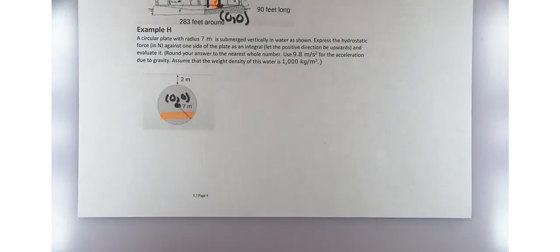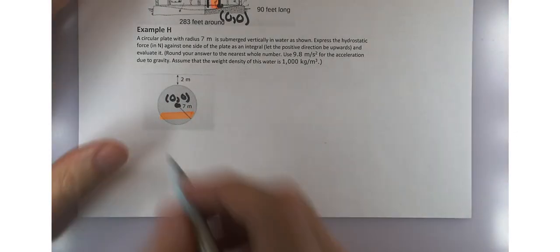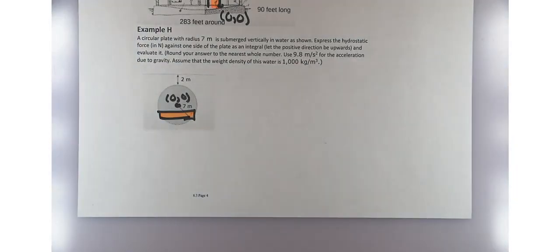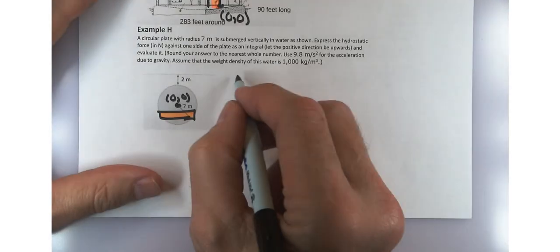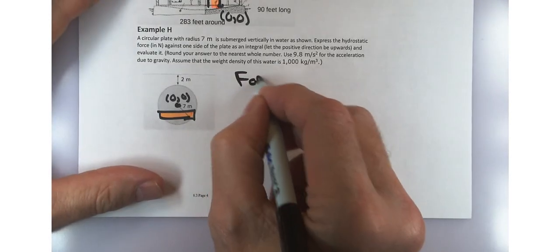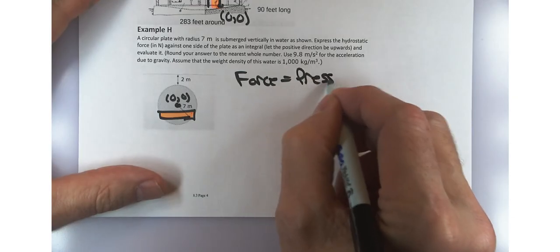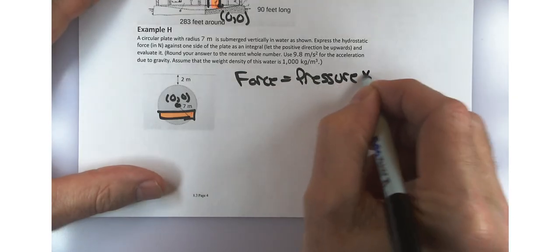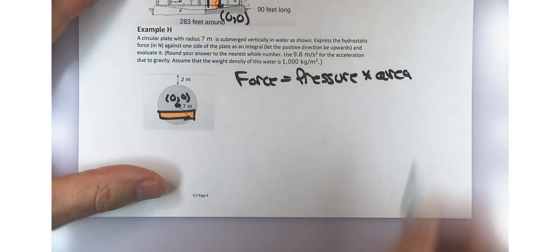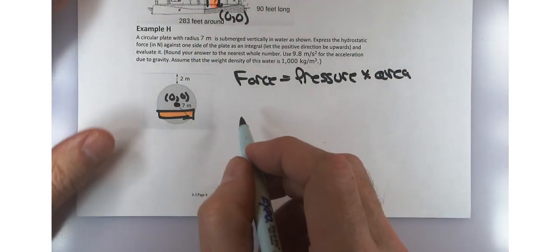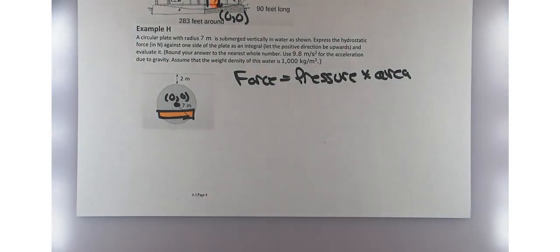We want to find the force on that one slice. Force is going to equal the pressure times the area. Pressure is going to equal the density times the depth times the constant of gravity, because we're working back in metric units.